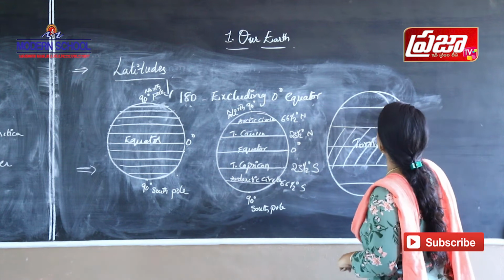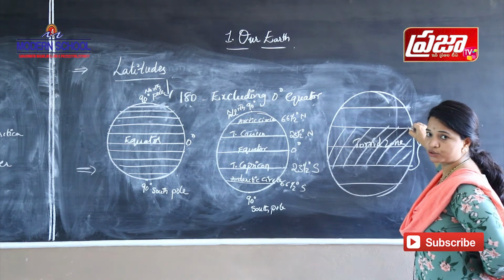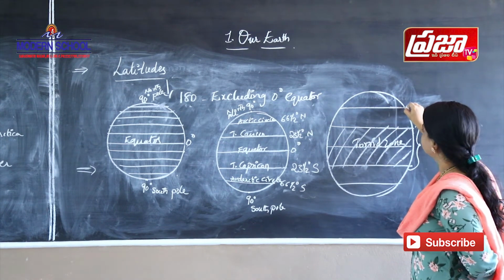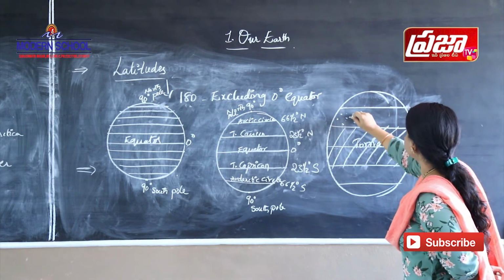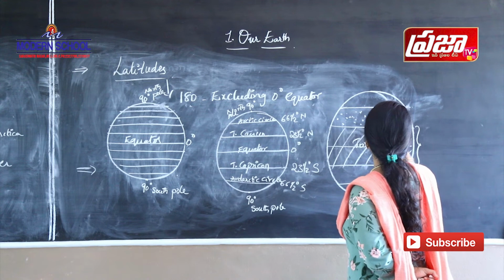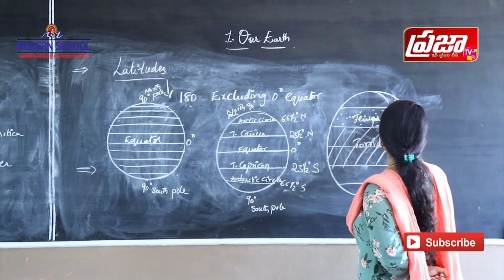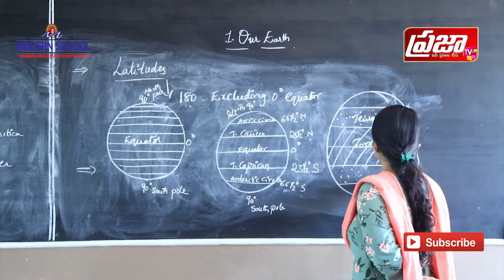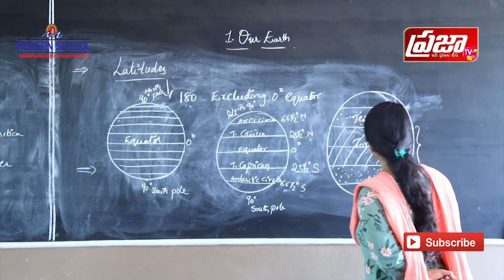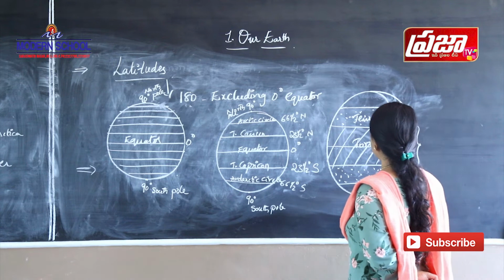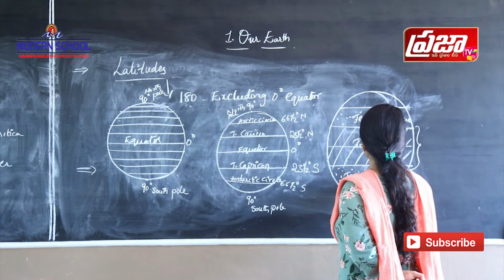The region from the 23.5 degrees Tropic of Cancer to 66.5 degrees Arctic Circle, we call the temperate zone. Here also the same, the region between the 23.5 degrees Tropic of Capricorn to Antarctic Circle 66.5 degrees is called the temperate zone.